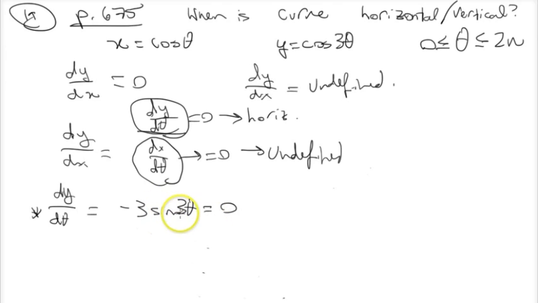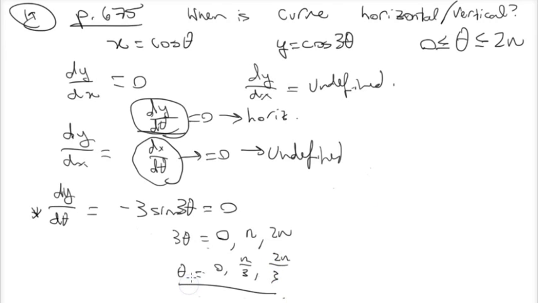Well, it's going to be 0 when sine 3 theta is 0, and that's 0 when 3 theta, the argument, is 0, pi, or 2 pi, so that means it's going to be 0 when theta is 0, pi over 3, or 2 pi over 3. So this is when the tangent is horizontal.